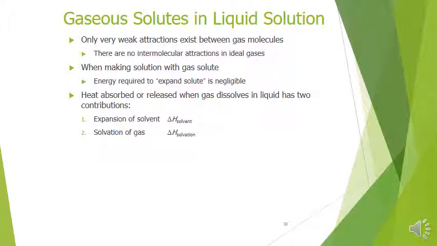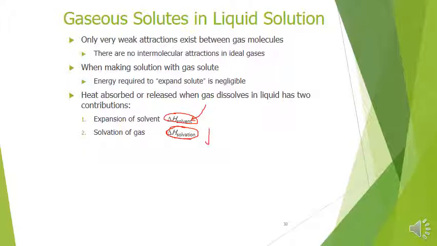So when making a solution with a gas solute, you don't have to break apart the gases. You don't have to do that first step, unlike with solids and liquids, where you first needed to break them into quote-unquote gas particles. When you mix the two together, the solvent has to expand a little bit to have the gas molecules fit into it.